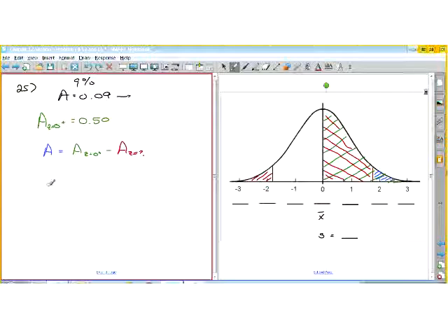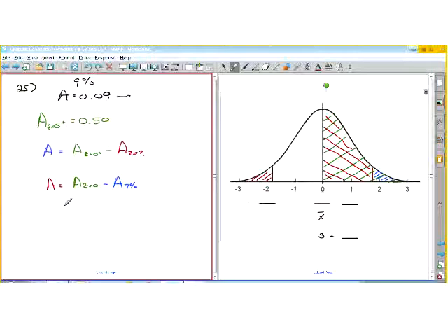So we can solve for red. Red is equal to green. That's not green, that's red. So we're going to move this to the other side, which makes that positive. So we'll have the area z equals 0 plus, which is 0.5, and we subtract the blue area, which is 9%.